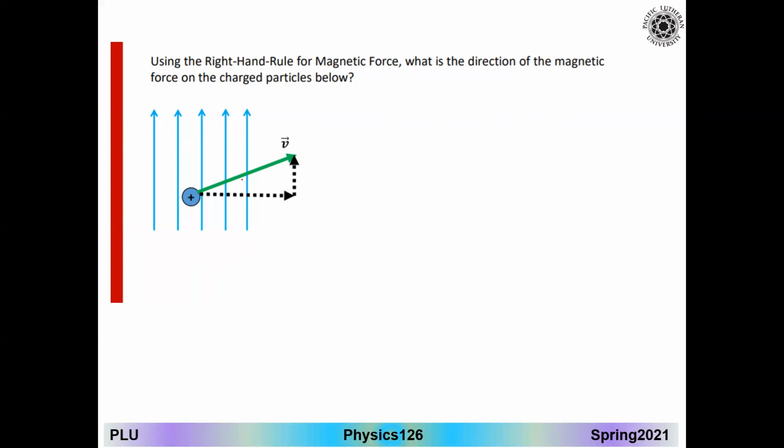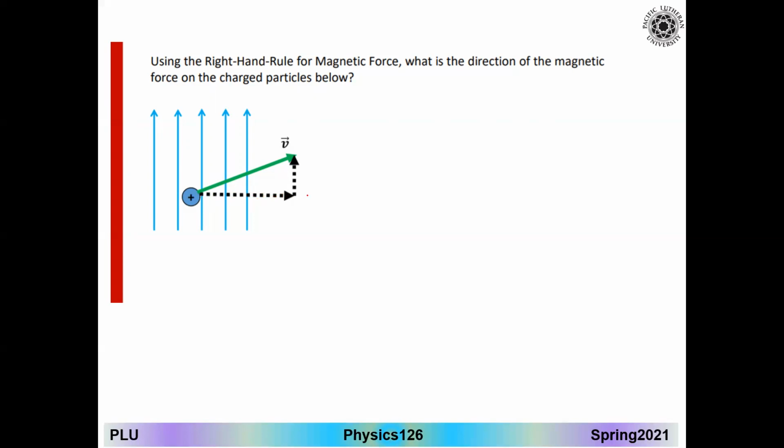In this particular example, since my velocity is at a certain angle, and velocity is a vector, I can analyze it into two components, the y component and the x component. From the previous rule, the y component will be in the same direction as the magnetic field, so there is no magnetic force from this component. So basically I end up with only the x component.